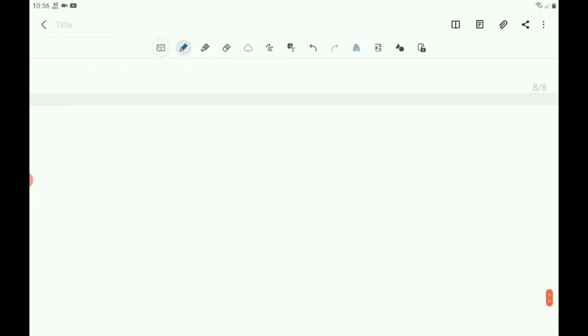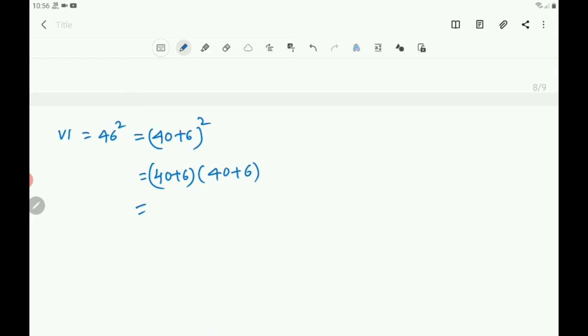Then you take the sixth one, 46 square. 46 square equals 40 plus 6 whole square. Then it is 40 plus 6 into 40 plus 6. 40 into 40, 4 4s are 16, 1600.